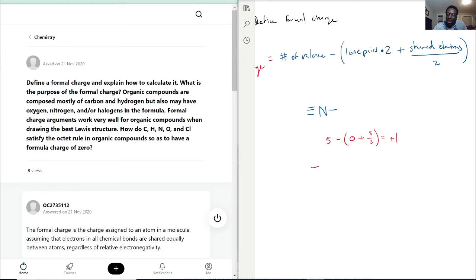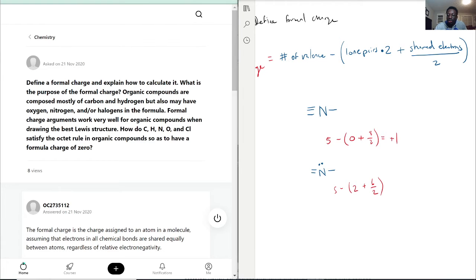But if I draw this nitrogen like this, and the surroundings were still able to satisfy their octet rule, so whatever was here readjusted itself accordingly, this one would be 5 minus, now it has 1 lone pair times 2, so that'd be 2, plus, sorry, I went on autopilot, plus 2, 4, 6, 6 over 2, because there are 3 bonds.